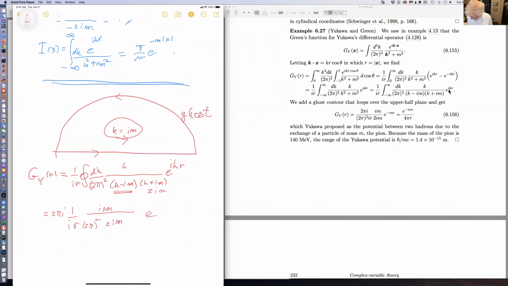And then we have e to the minus mr. And so altogether we have, let's see, 2 here, 8 down there, so we have 4 pi r, the i's canceling, the m cancels, e to the minus mr. And this, of course, is the Yukawa potential. This is called a Yukawa potential.